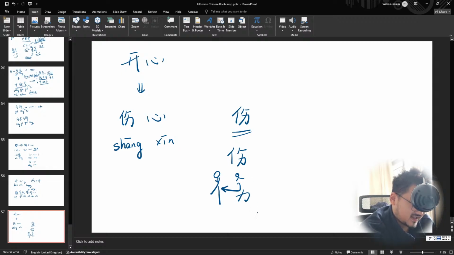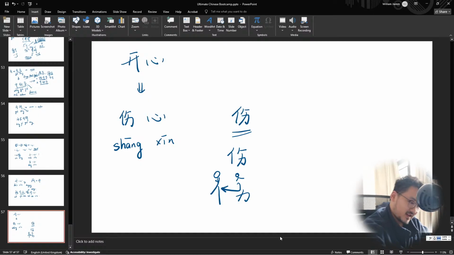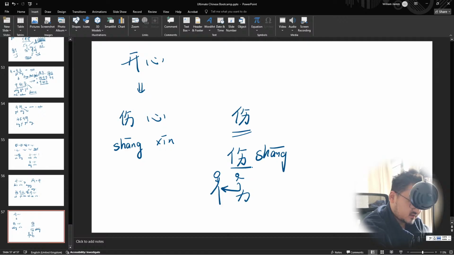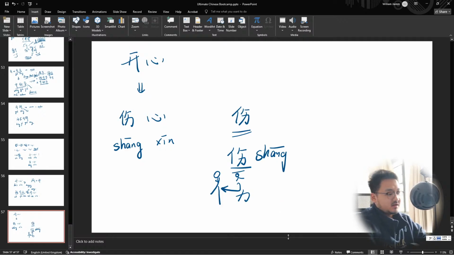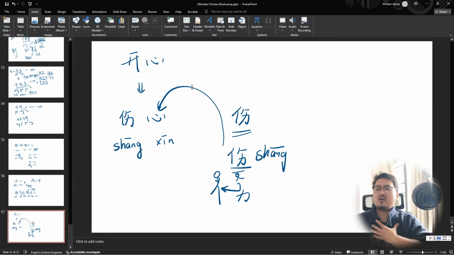Basically it's a force, that's hurting someone, okay? So that's 伤. Hurting someone. So if you hurt the heart, that means, oh my heart is so hurt, I am sad.